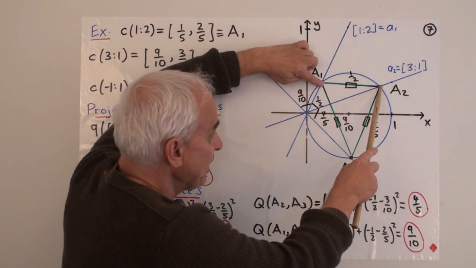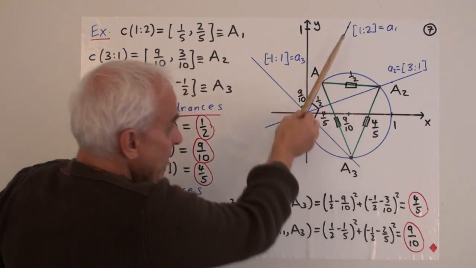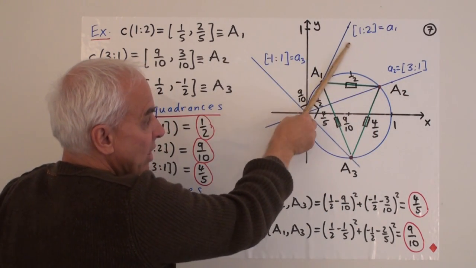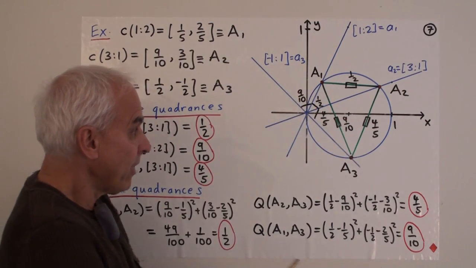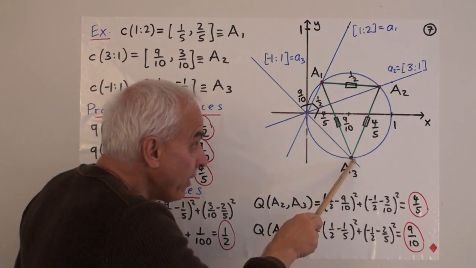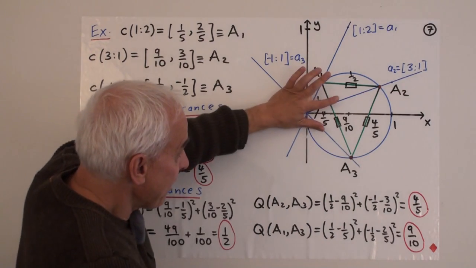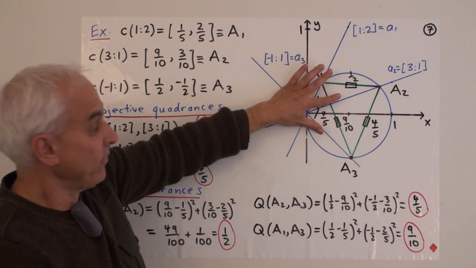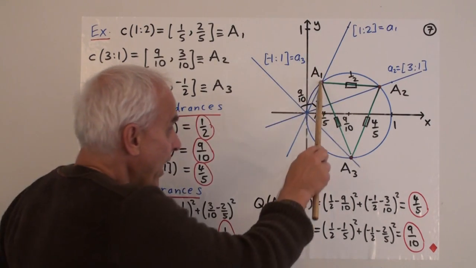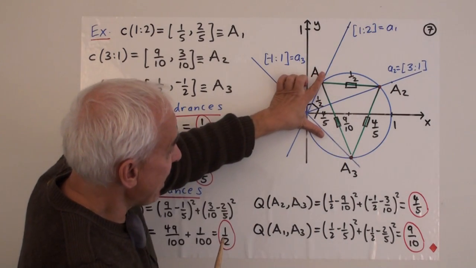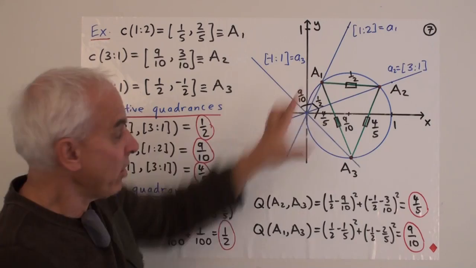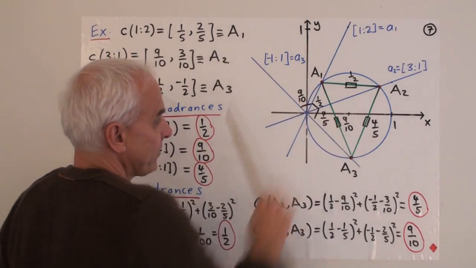The quadrance between these 2 points is exactly the same as the spread between those 2 lines. That half and that half are the same. The quadrance here is exactly the same as that spread there, or projective quadrance, 4/5. And that quadrance there, 9/10, is the same as that spread or projective quadrance between these 2 lines.